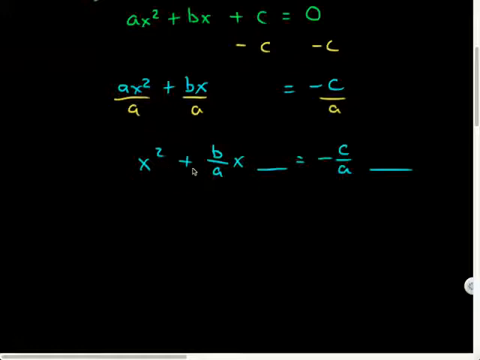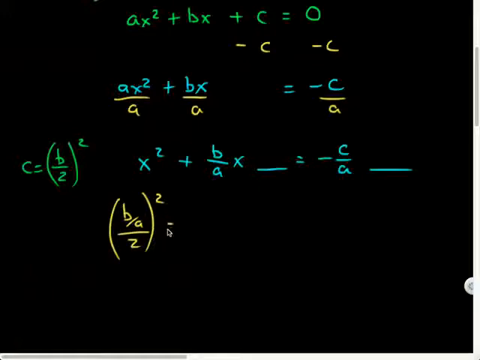Now, Hank, how would I find my new c term? Why do you always ask me this? Because you remember it well. You have to divide b over a by 2, and then square it. So this b that I'm referring to is now this entire b over a. So we'll do b over a divided by 2 and square it.